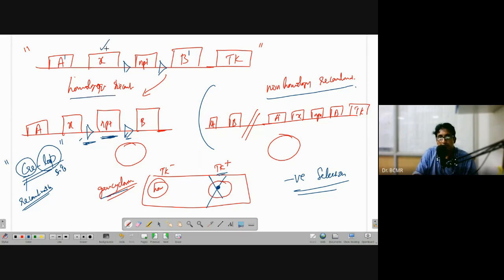Then X is the transgene that we want to introduce into the genome. Why do we have NPT? It is for positive selection, because we should be able to differentiate which ones are the transfectants and which ones are not. Using positive selection, I mean NPT, we can separate them.